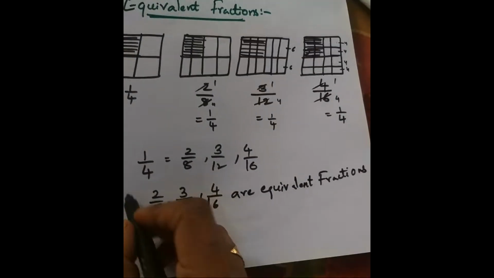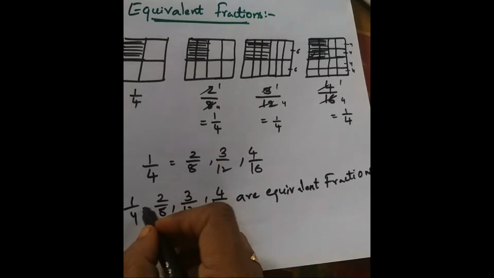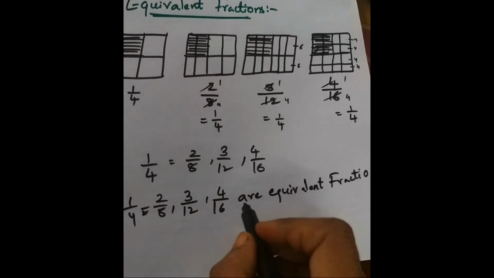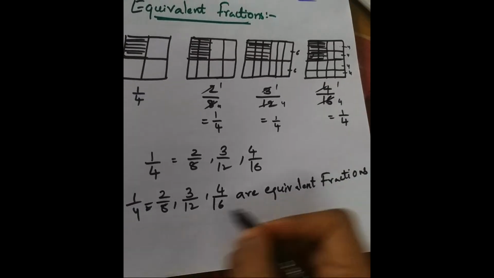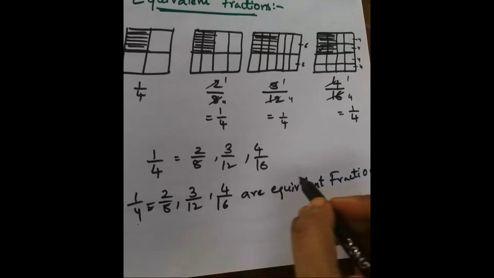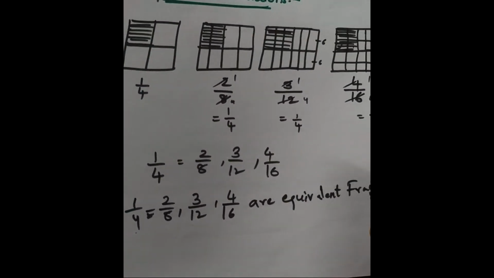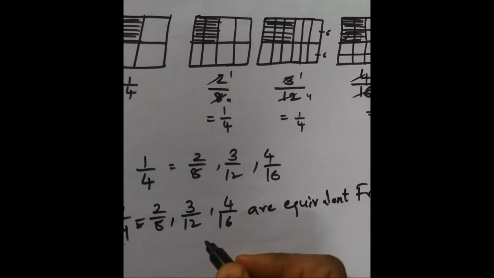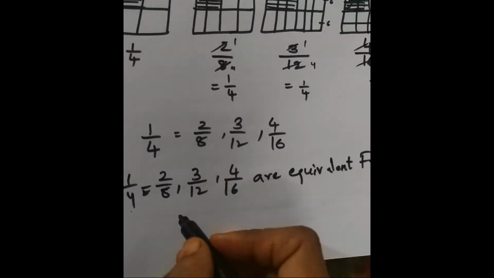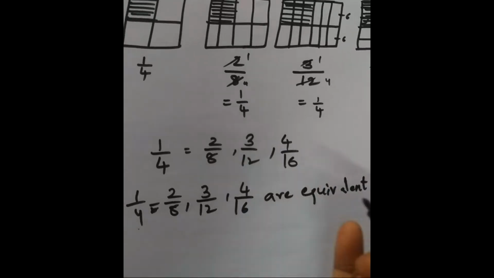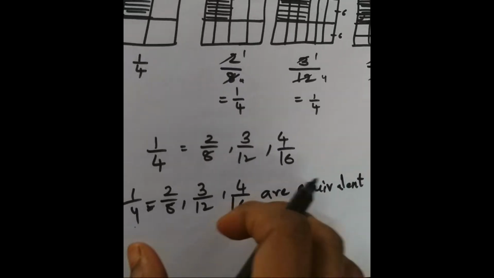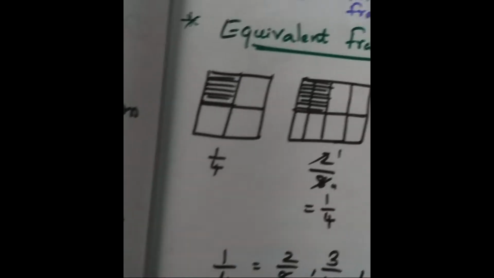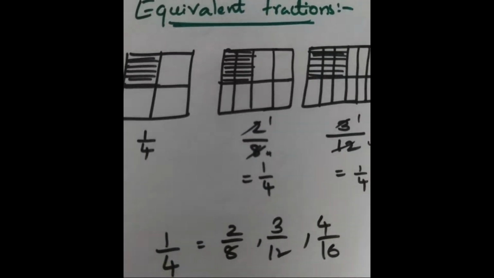So 1 by 4 can be written as 2 by 8, 3 by 12, 4 by 16, and these fractions are said to be equivalent fractions. We can say that equivalent fractions arise when we multiply both numerator and denominator by the same number. I will take another example so that you can easily understand.